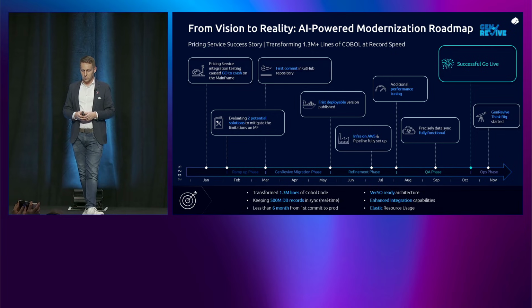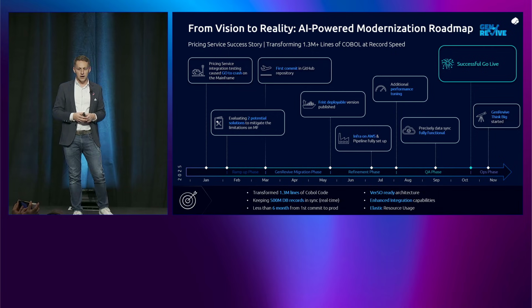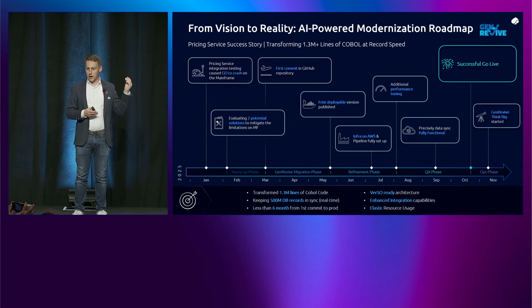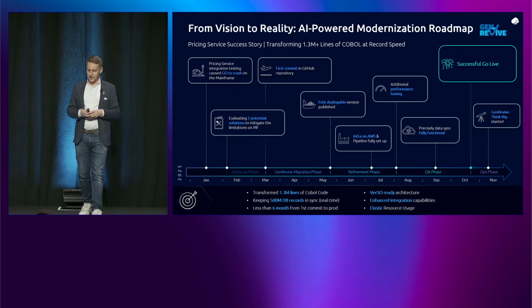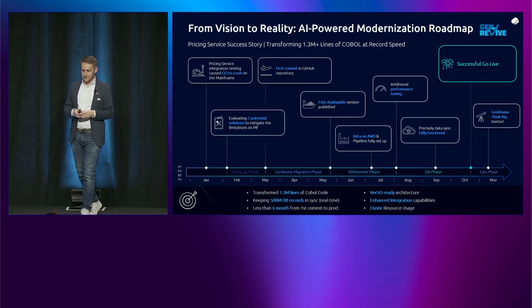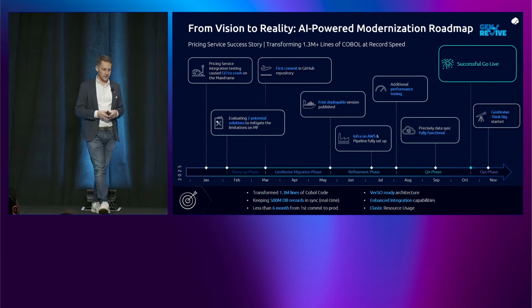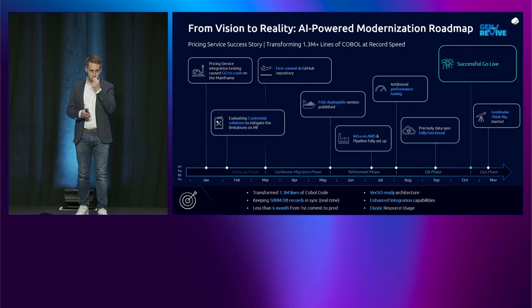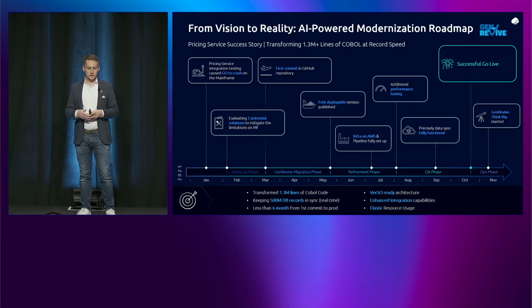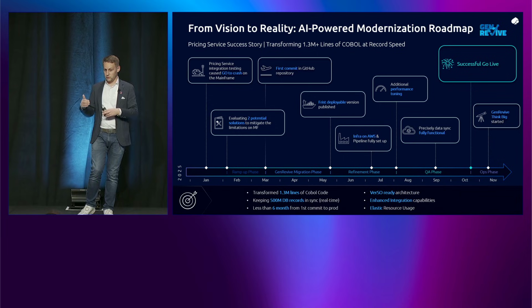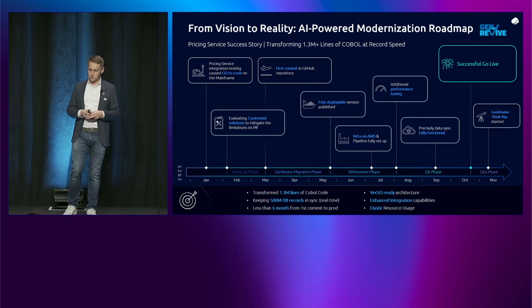I feel like nowadays when people talk about Gen AI, it's always better if you show how it actually went. And it all started with a problem. I think at the beginning of the year, that pricing service on the mainframe was not capable of executing as many calls as Mercedes-Benz would need for modernizing parts of their new system.